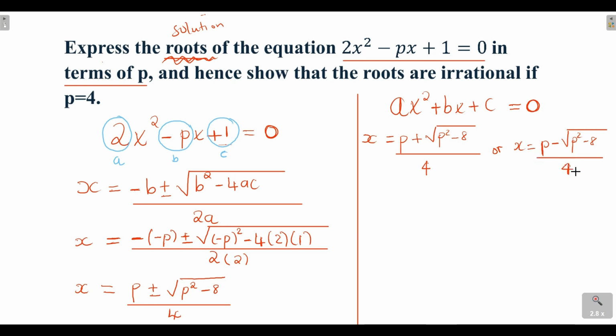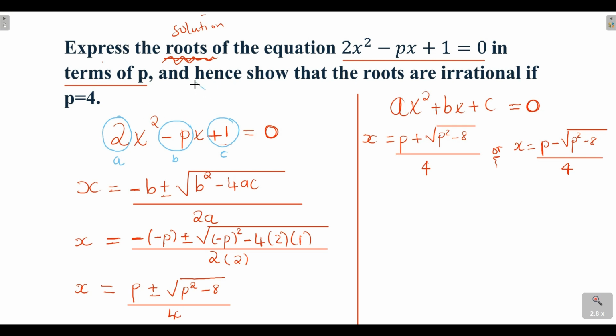Okay, so we can't simplify that any further. That is basically us expressing the value of x, or the value of our roots, in terms of p.